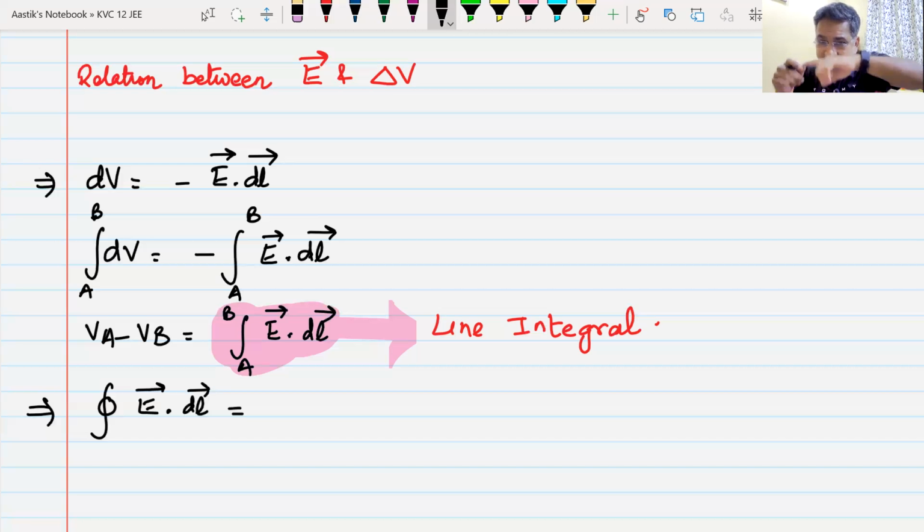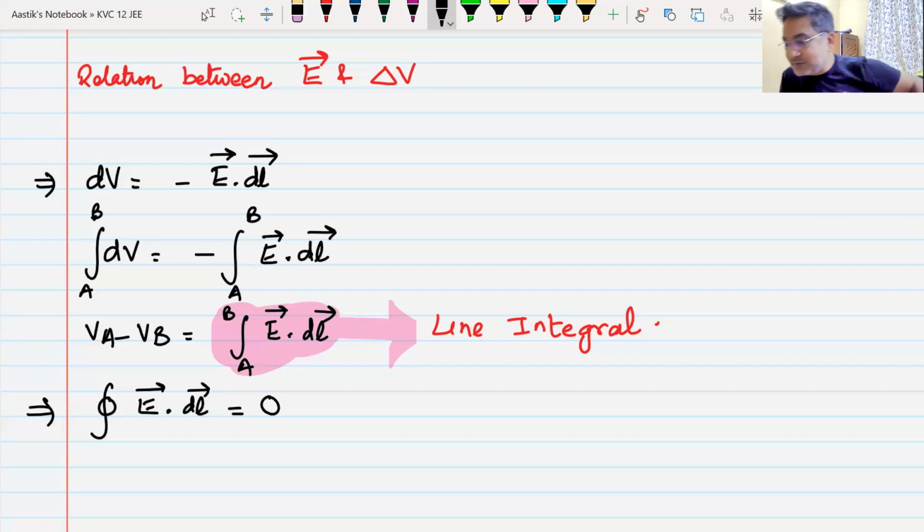I start from one point and come back to the same point. Then what happens to this integral? I told you, whenever there is 0, mark 0. So here the answer is 0.